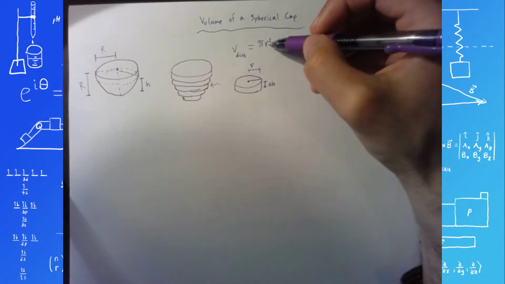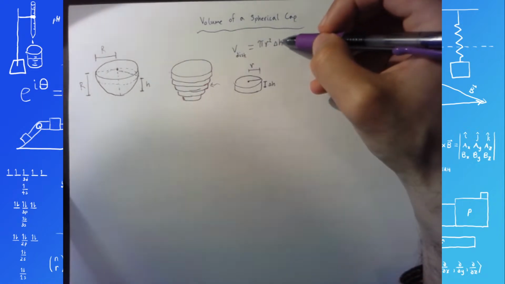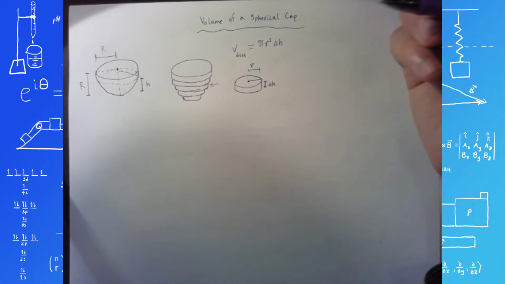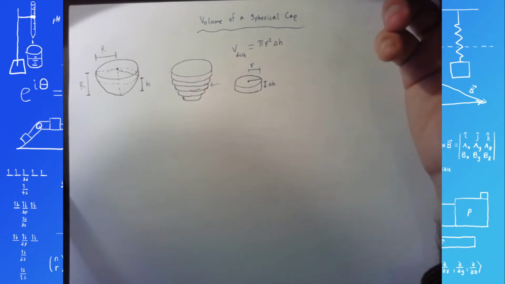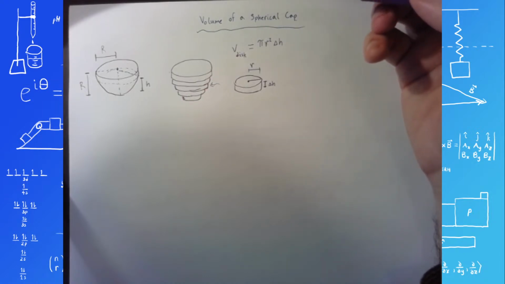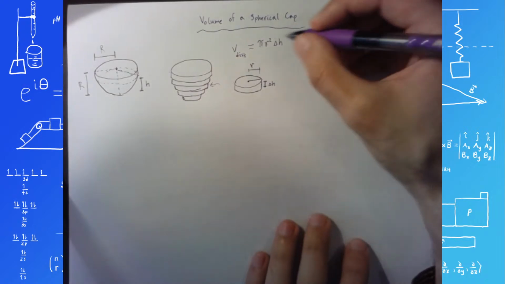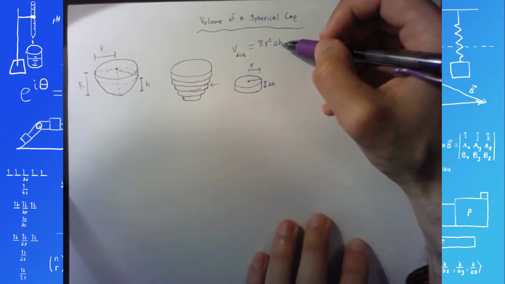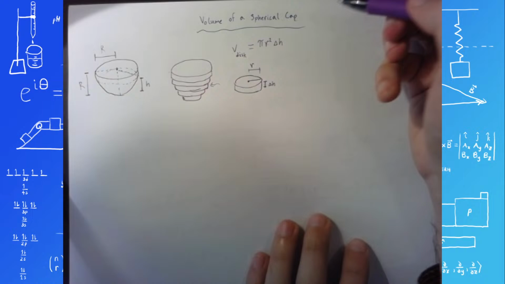Now I see that this r squared and this delta H are not the same variable, so I need to rewrite one in terms of the other, right? Because if this is going to turn into an integral, if I do it right away, I'm just going to get pi r squared dh.